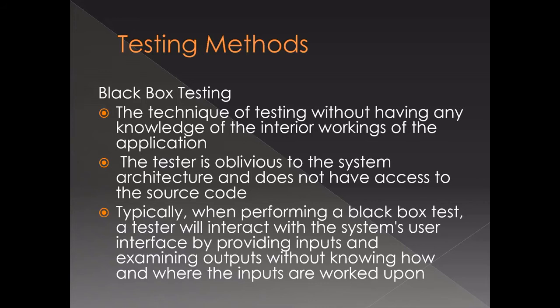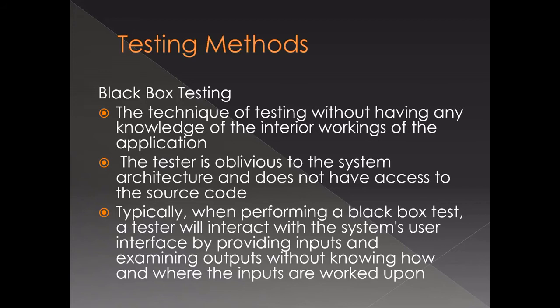So most of the time for user acceptance testing, this is the method that is carried out, because we get the user's input and then we have to show the user, all right, for your input, this is the output. And the user doesn't have to know anything about the algorithm running inside.